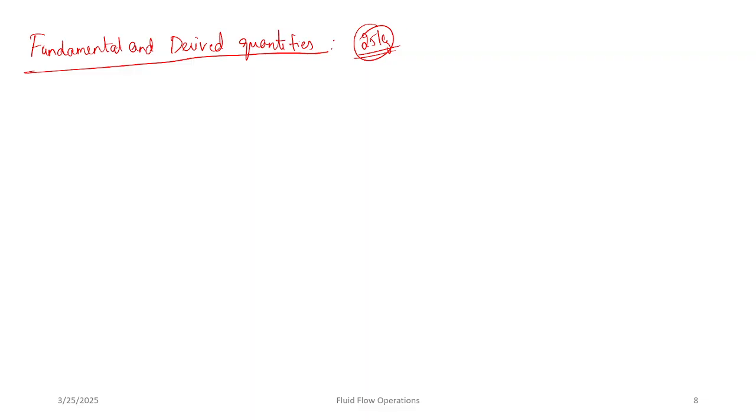Let's say you want to express the time that we have in an entire day. We can either express it as 24 hours, or you can also say 24 into 60 minutes, or this can also be 24 into 60 into 60 seconds, right?